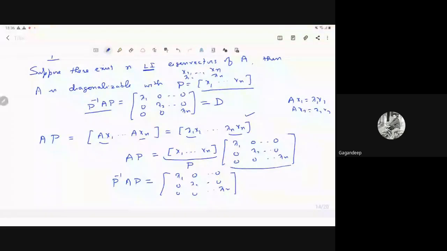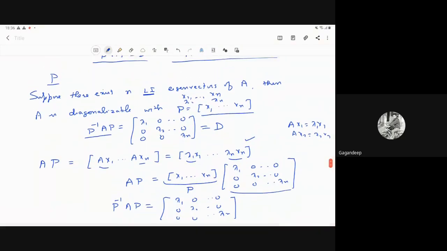Is this clear? The proof is simple. You can focus on the steps of the proof later, but the result is very important. You should see this result again. If a matrix has n linearly independent eigenvectors, say x1 to xn, and the corresponding eigenvalues are lambda 1 to lambda n, then A is always diagonalizable.